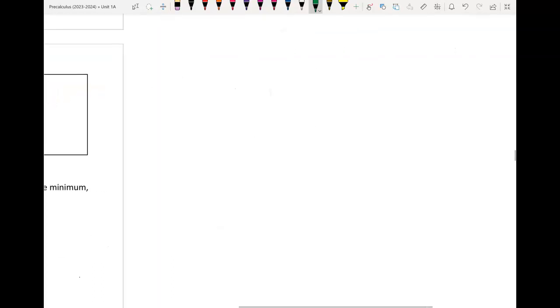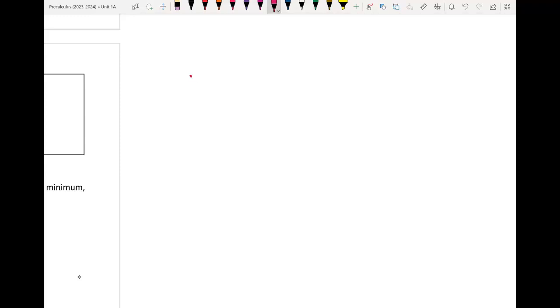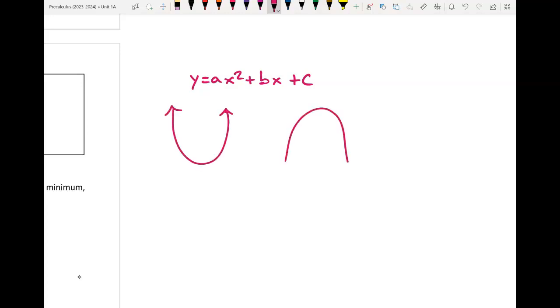So why is this? Well, let's go ahead and think about parabolas. So if I have y equals ax squared plus bx plus c, what is the shape of a parabola? Well, we know it's either this or this. Those are parabolas. Well, if you look at the parabola, I am guaranteed a max, or this is a min, and this is a max. And those are absolute. Absolute max.